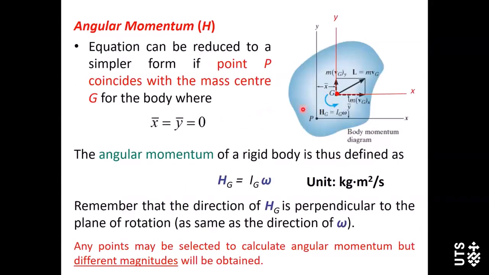If the selected point P coincides with mass center point G, then you will see in this diagram x bar and y bar, these two will become 0.